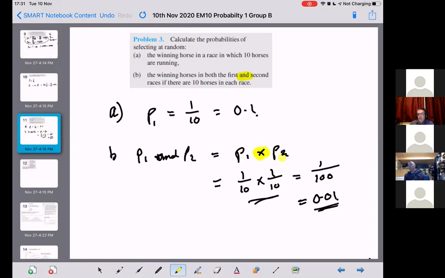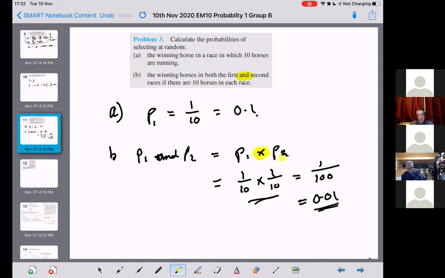I just picked it thinking it's double, added the two races together. If it said, what's the probability of getting winning horses in either the first race or the second race, then you'd add the probabilities together. Okay.